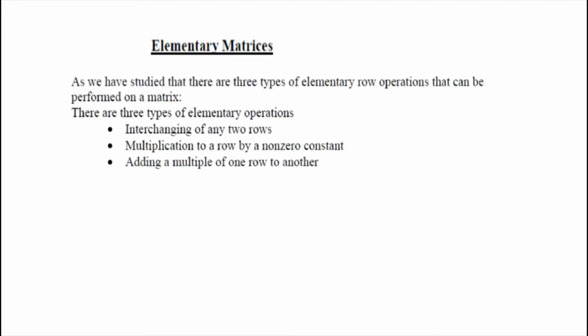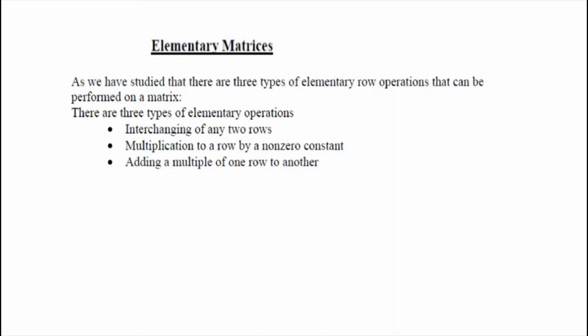Now we want to discuss elementary matrices. We know about the elementary row operations that can be performed on a matrix. There are three types of such operations. We can interchange any two rows, we can multiply a row by a non-zero constant, and we can add a multiple of one row to another.